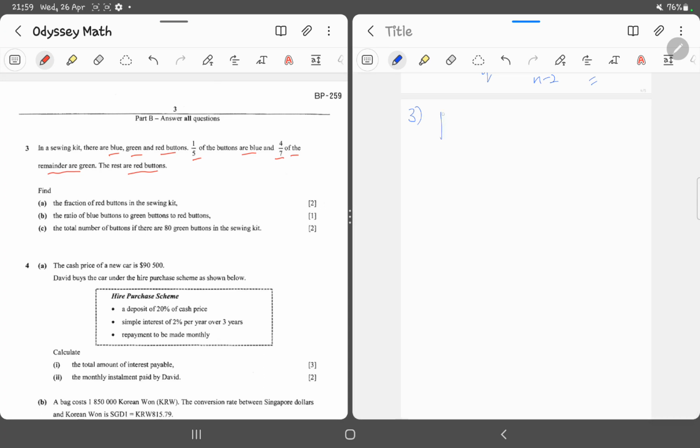So if I were to draw it out using primary school method, 1/5 is actually blue. So 1/5 of the buttons are blue.